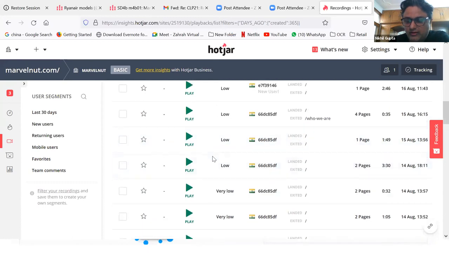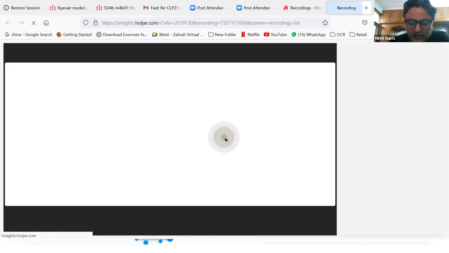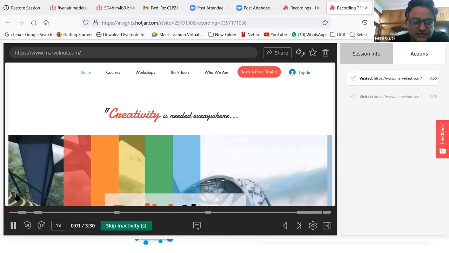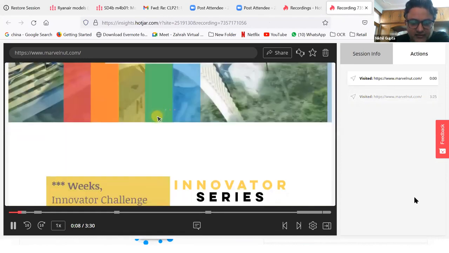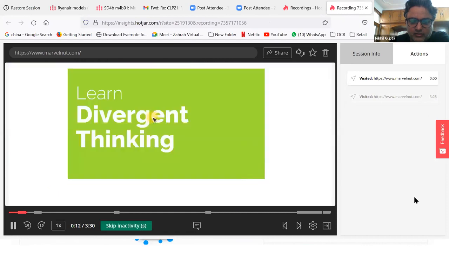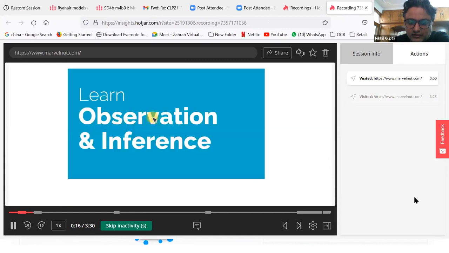Let's say this person has come to my site. From which location has he come? It also shows whether they came on mobile. Then I can see how much time they spent on the site. It says 3 minutes 25. First someone went there, and then I can figure out they're trying to see something, and then they stopped here.